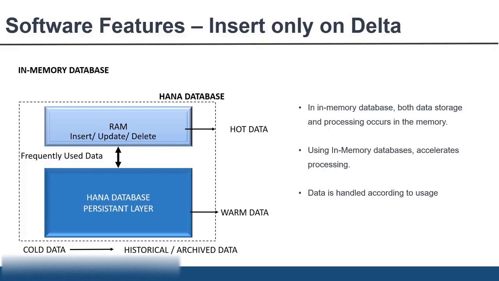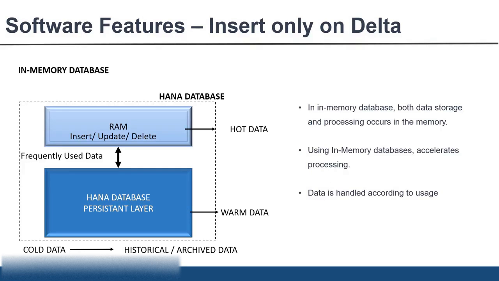That means the user has started changing that sales order data. The user may change the data, delete the data, or add data. So what will happen in that case? Where will the change be recorded? Where will the change happen? Will it happen in RAM or in the persistent layer?